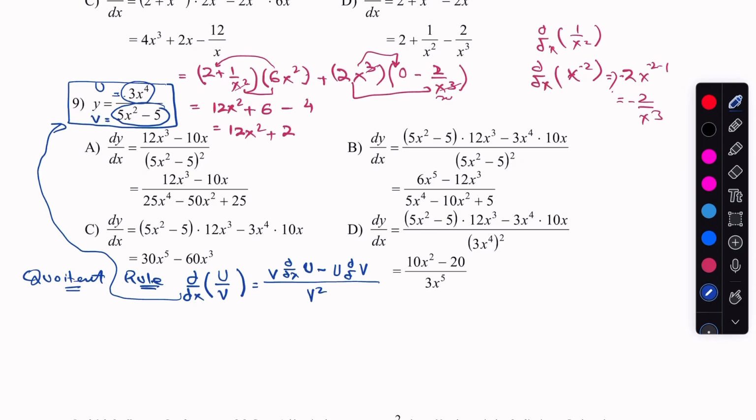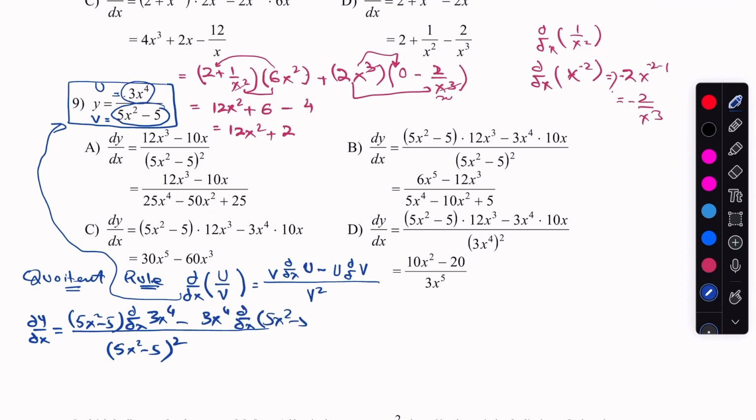So now dy over dx is denominator squared, which is 5x squared minus 5 whole squared, and then 5x squared minus 5 as it is, derivative of 3x power 4, minus 3x power 4 as it is, derivative of 5x squared minus 5.